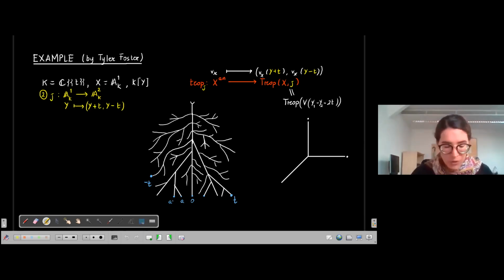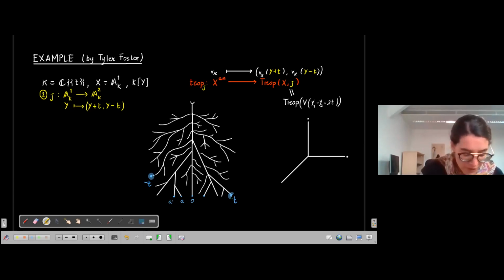So here, we want to understand now what is going on. What is this tropicalization map now doing on our Berkovich space? So if you look at the coordinates, we have y minus t and y plus t. So these two points, minus t and t, would be particularly interesting in computing the tropicalization.